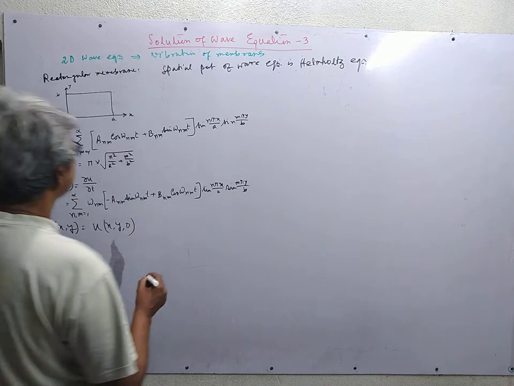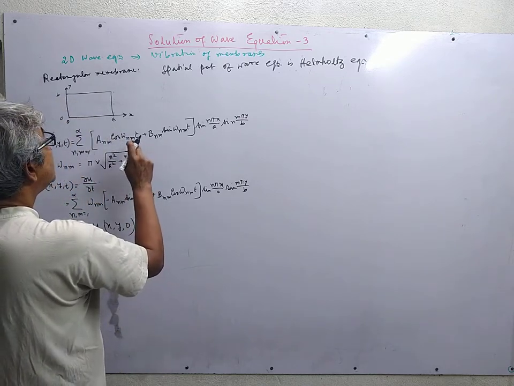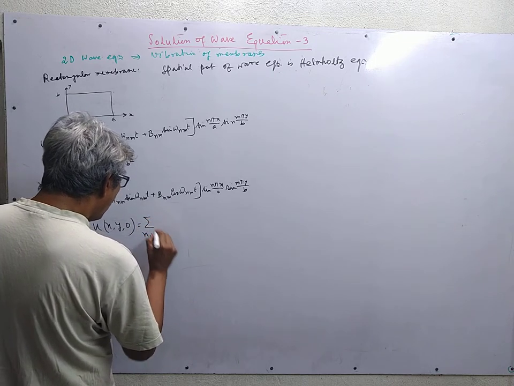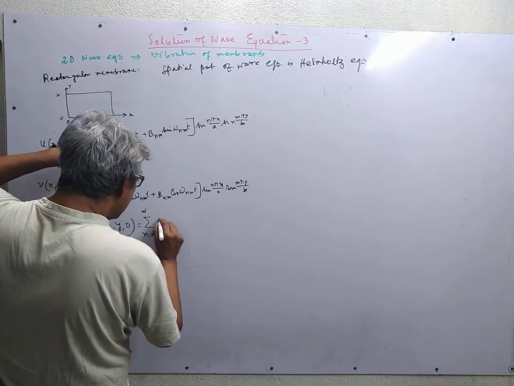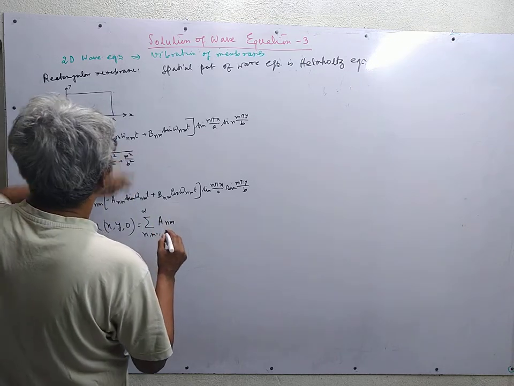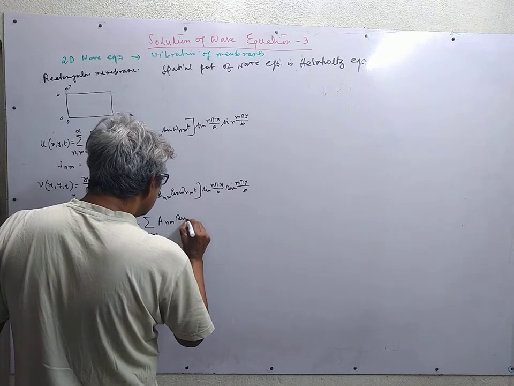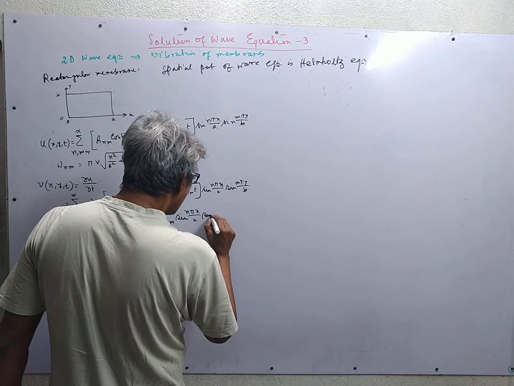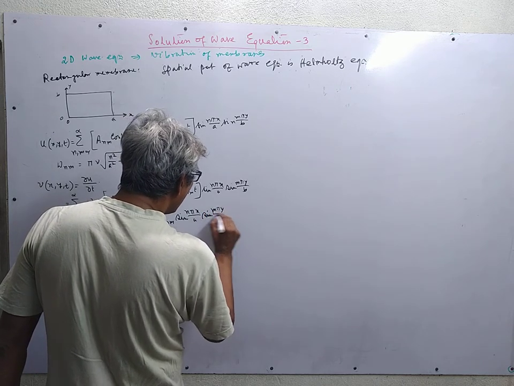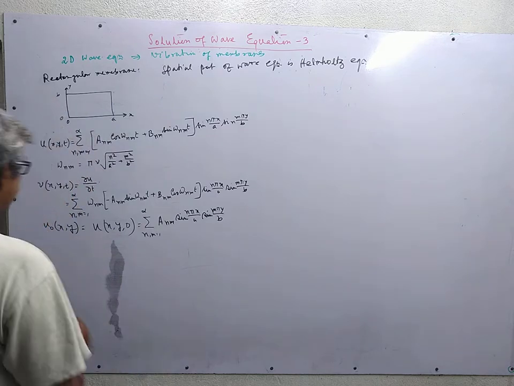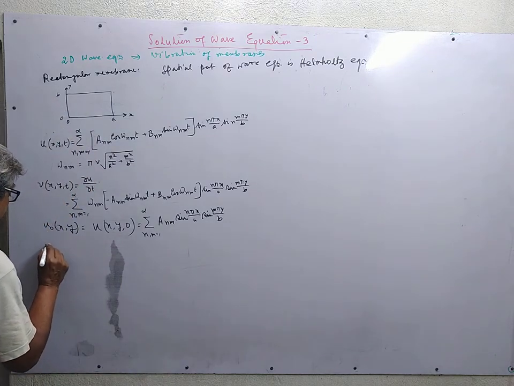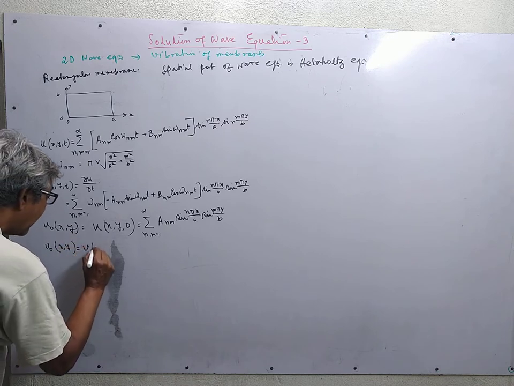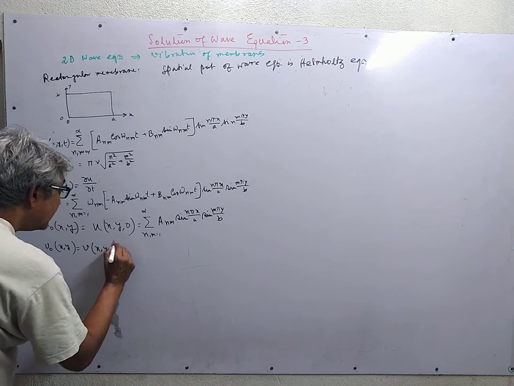So from this equation we get summation over n m 1 to infinity a n m sine of n pi x by a sine of m pi y by b, and the initial velocity is v0 of x y is equal to v at x y, t is equal to 0.